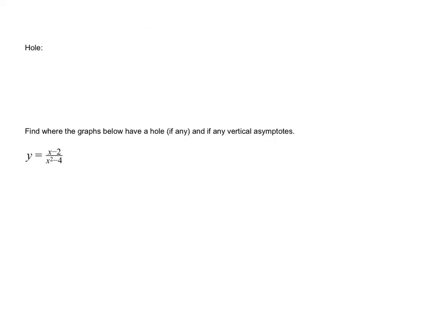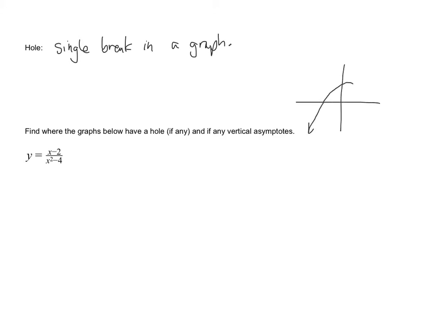Okay, another kind of important part of a rational function is when you have holes. Now a hole is a single break in a graph. So if I have some graph here, and I come to a point and there is a hole in it, a little singularity hole, and then the graph keeps going, this is referred to as a hole.